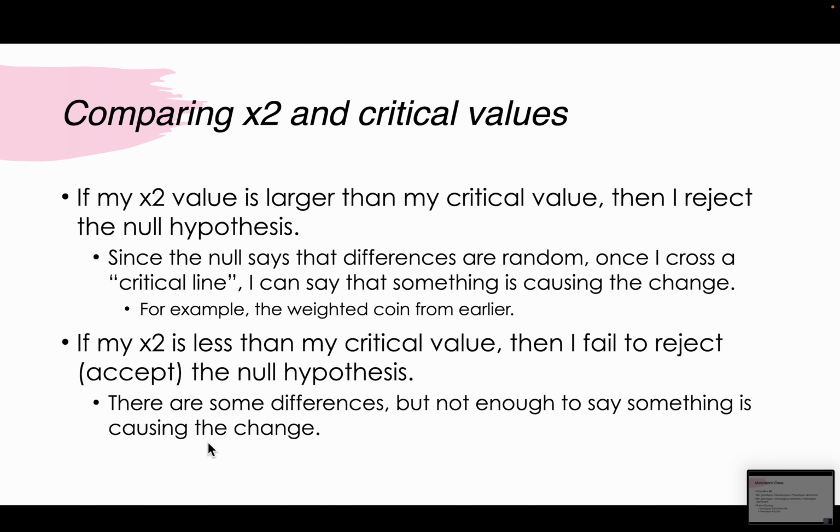So when I do compare them, if my chi-squared value is larger than my critical value, then you reject your null hypothesis. Because the null hypothesis says that everything's due to random chance, that means that if I reject it, I have crossed a critical threshold or a critical line, and I'm like, hey, something is causing this difference.